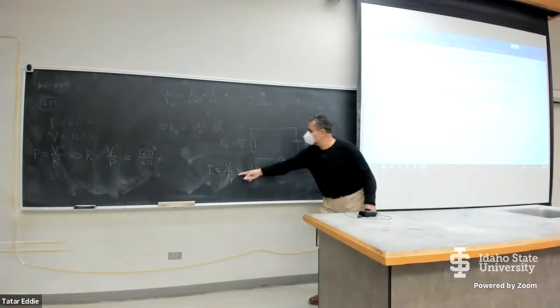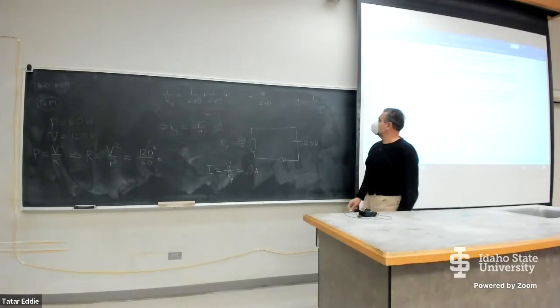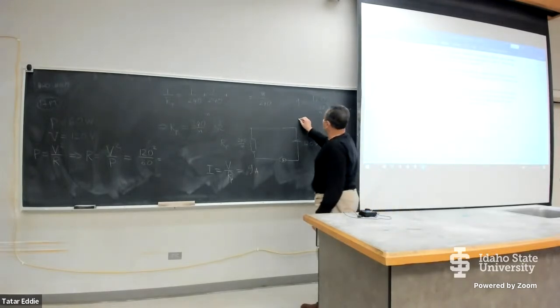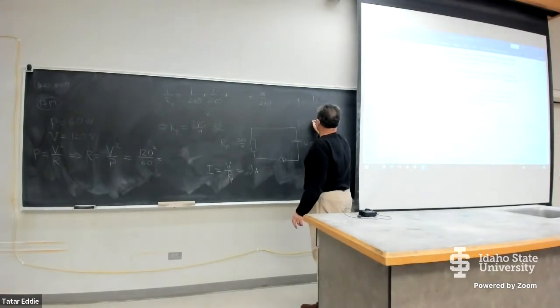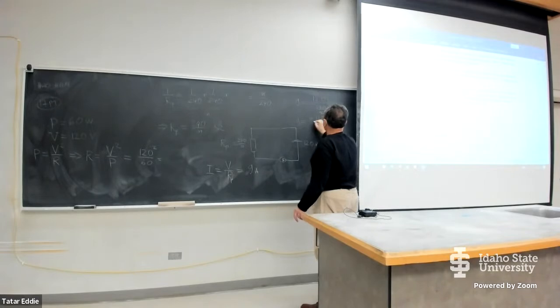And this is 240 divided by n, so that's, in other words, 9 is equal to n times 120 divided by 240.